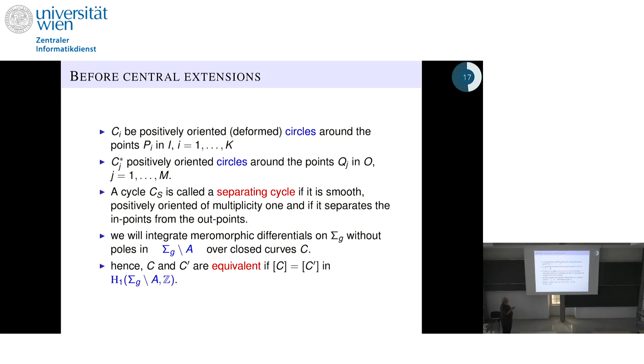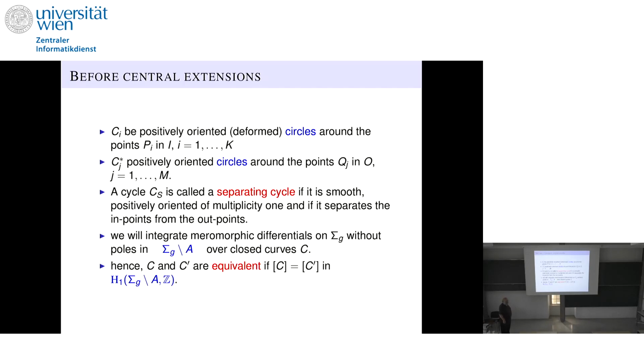Sorry, this is too fast. Again, also positively oriented circles around the points in O. And now a cycle on the Riemann surface is called a separating cycle if it is smooth, positively oriented of multiplicity 1, and it separates the in points from the out points.